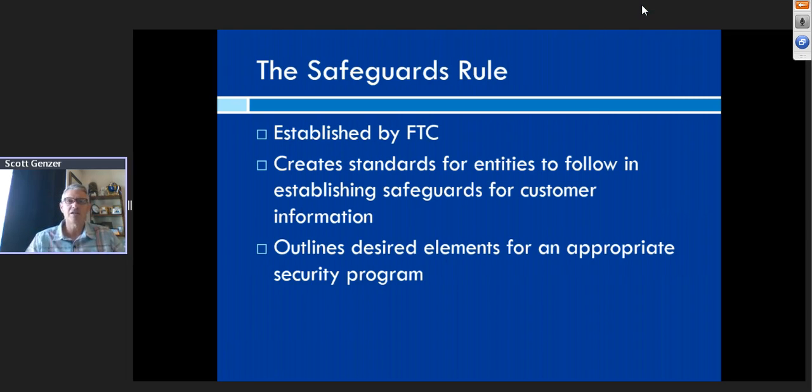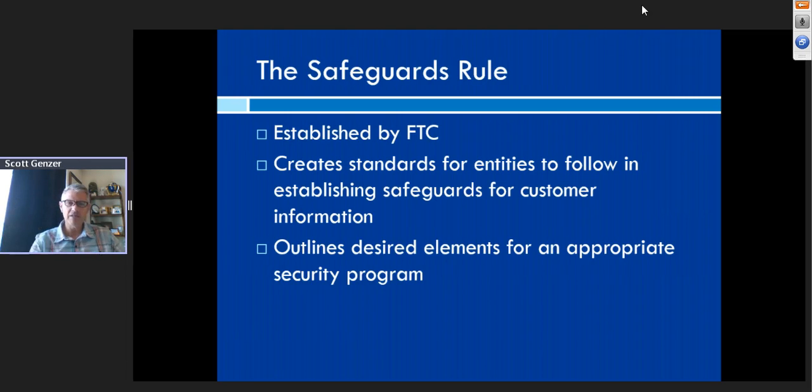That's what's known as the safeguards rule. So they give us an outline of the elements that we're supposed to have in our protection program. You see it there. The rule generally requires us to develop, implement, maintain, etc.